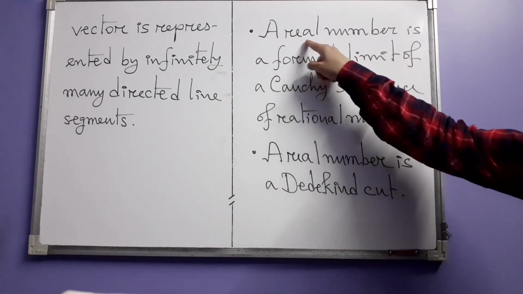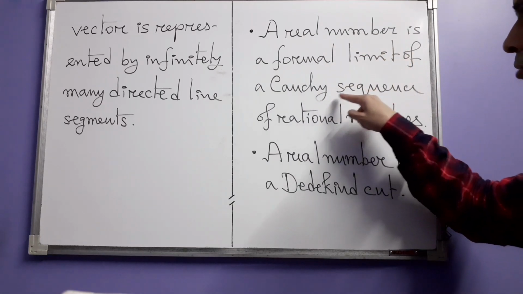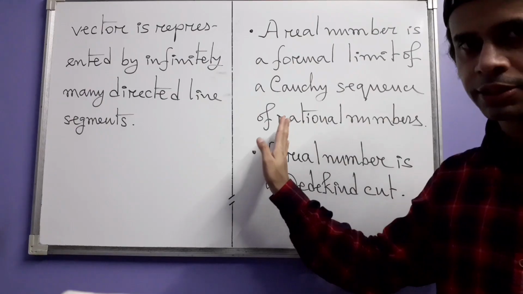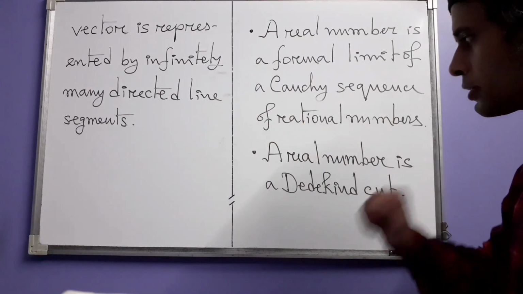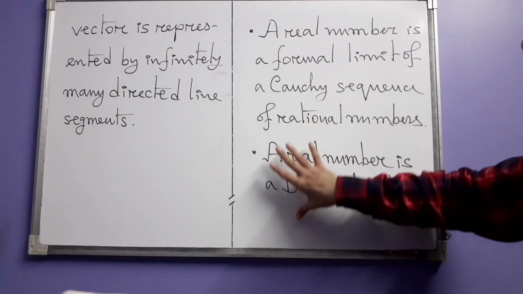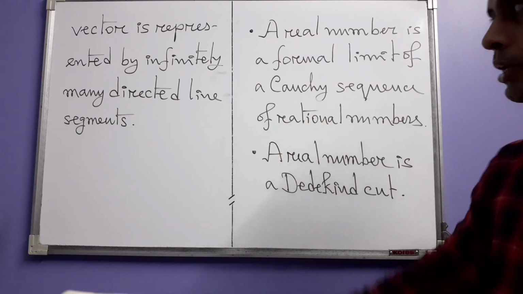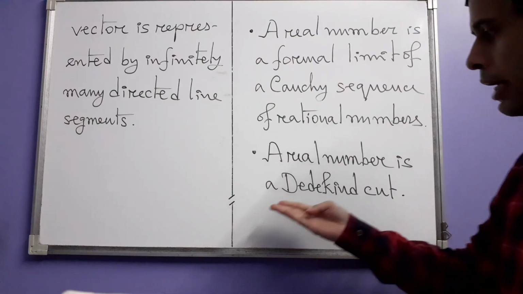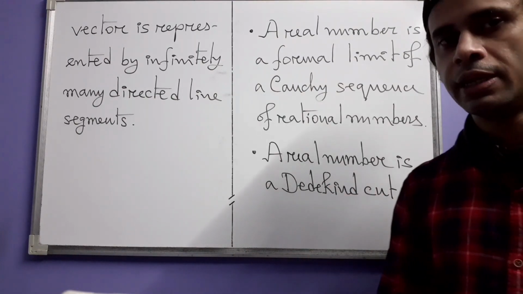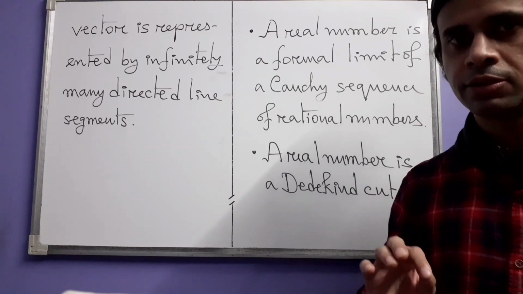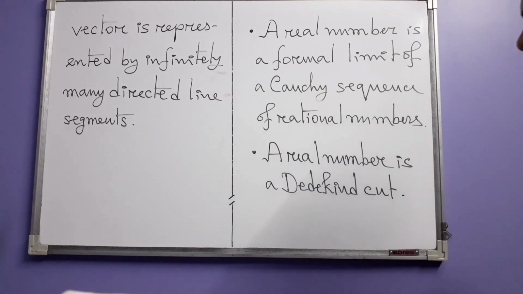In one model, a real number is a formal limit of a Cauchy sequence of rational numbers. There is no need to understand what this thing means. In another model, a real number is a Dedekind cut. These are two entirely different things. A formal limit of a Cauchy sequence of rational numbers is one thing and a Dedekind cut is something else. A Dedekind cut is a special type of subset of the set of rational numbers.